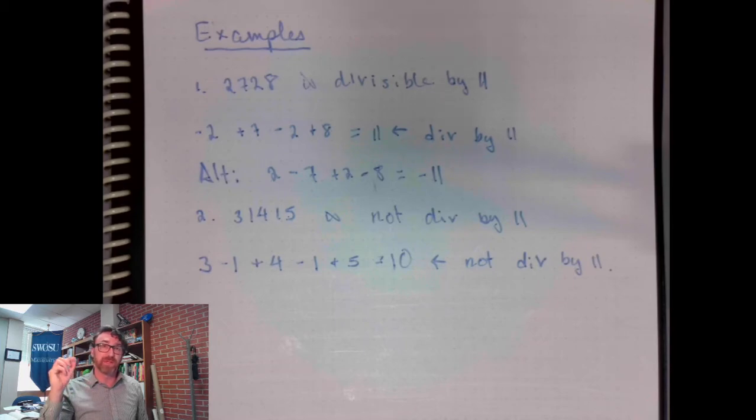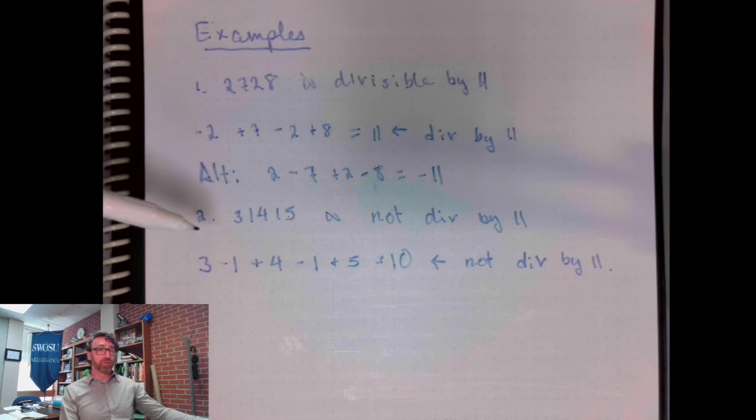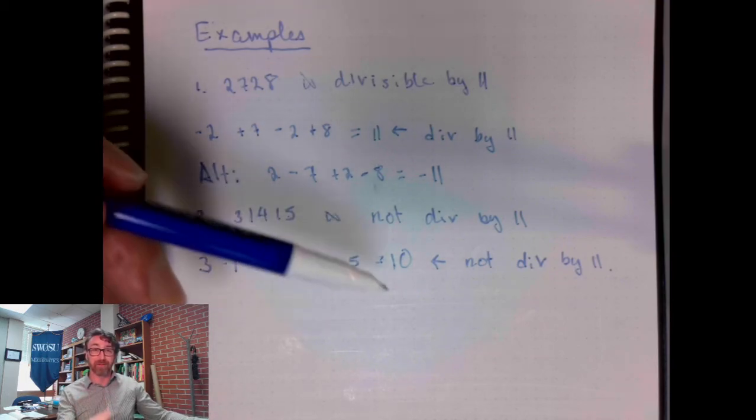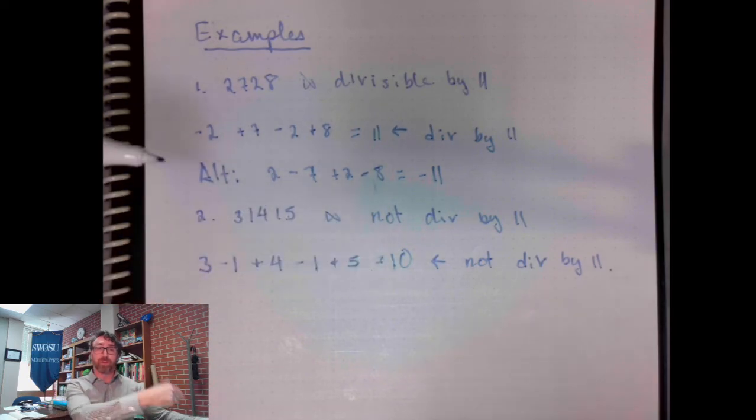If that sum is divisible by 9, then your original number is divisible by 9. When you're talking about divisibility by 11, it's a little trickier. You got to do this alternating sum. And then look at that. If that is divisible by 11, then your original number is as well. So kind of the same spirit, it's just that we build the sum in a different way.